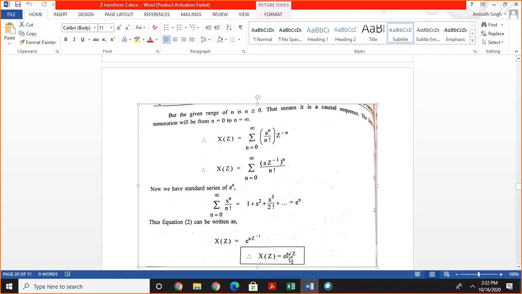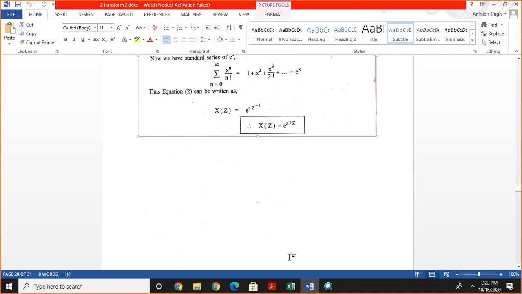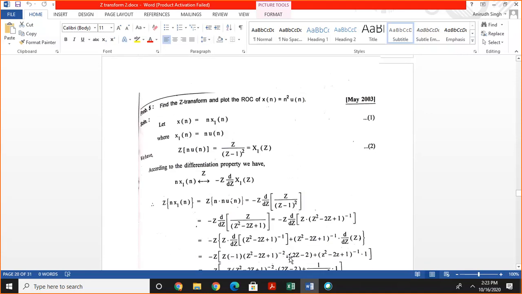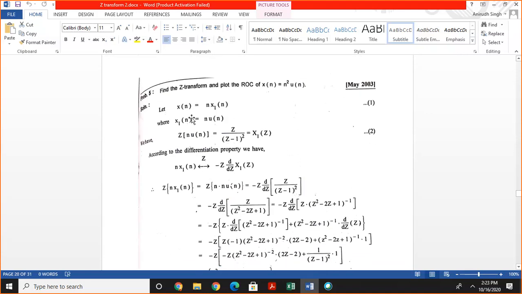Here the value of x is a multiplied by z raised to the power minus 1. So X(z) is given by exponential of a by z.